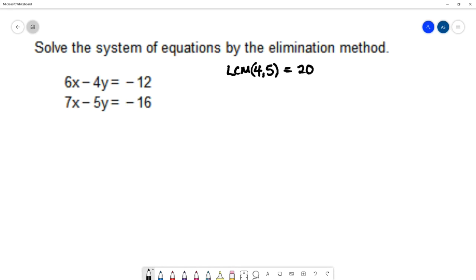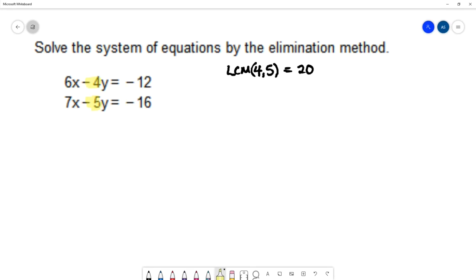Some people think of it as common denominator when you deal with fractions, but the general term is least common multiple. So that's 20. We want to force these coefficients here to be 20 and negative 20.